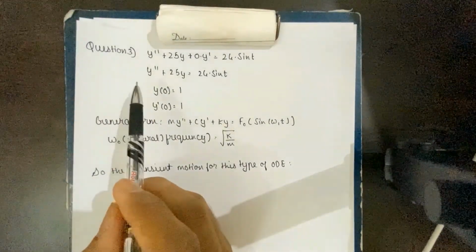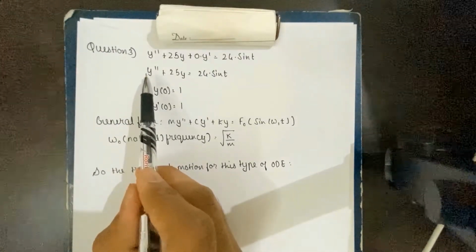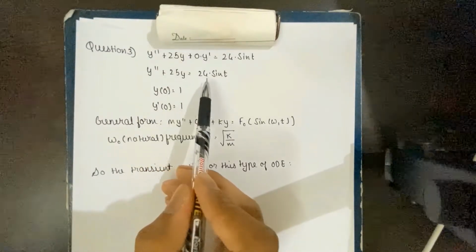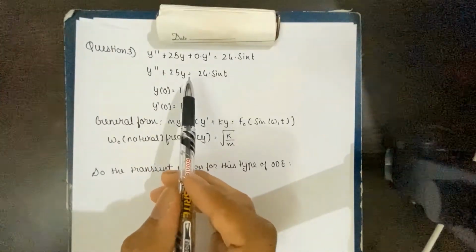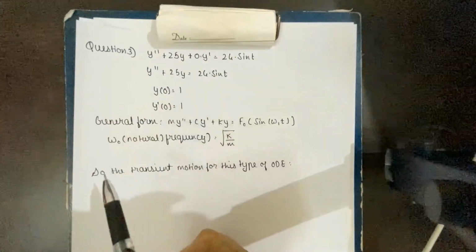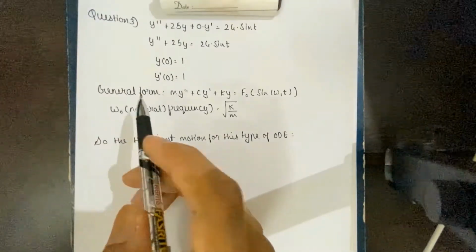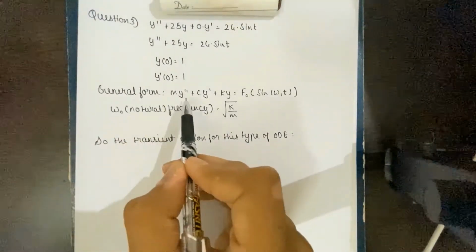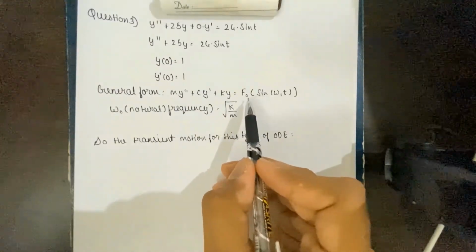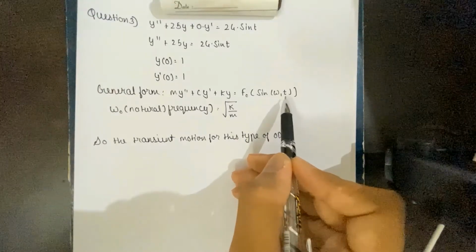So the ordinary differential equation which we are given is y double dash plus 25y equals 24 sin t. The lack of y dash term shows us that this is undamped motion. The general form of this kind of motion is m y double dash plus c y dash plus k y equals F naught sin omega 1 t.